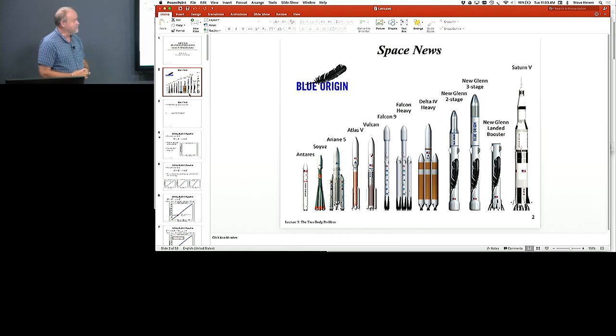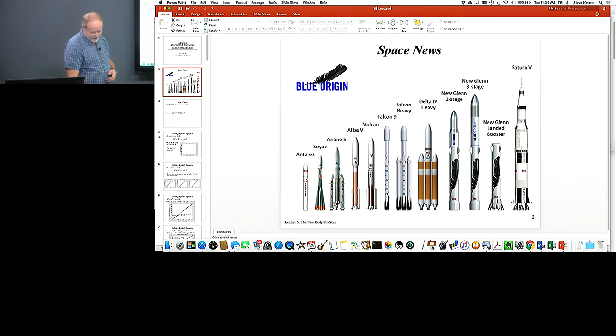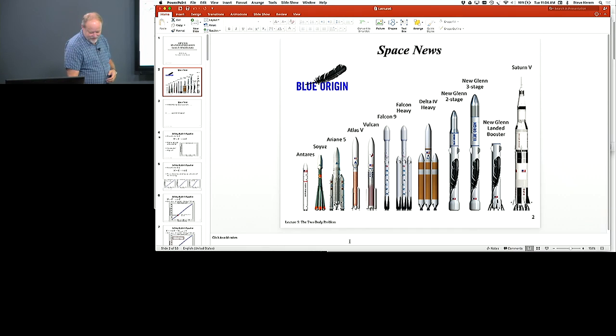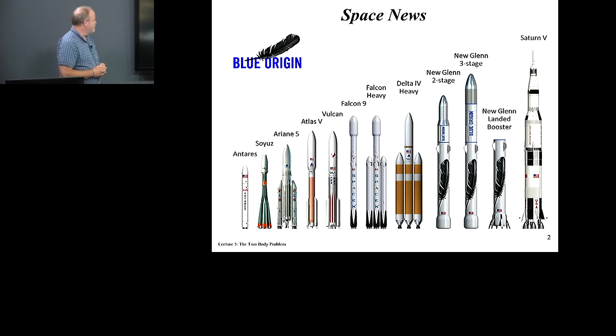The one I saw yesterday was interesting not so much for the news, but because I liked the plot. It was about Blue Origin's new booster, a new rocket, and compared them in size to all the other rockets, including the Saturn V, which is probably the most interesting, because the Saturn V was one big rocket.